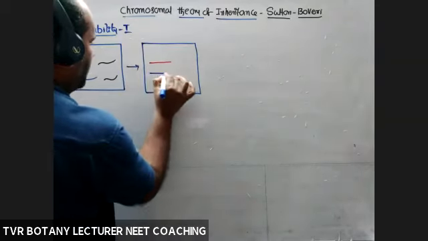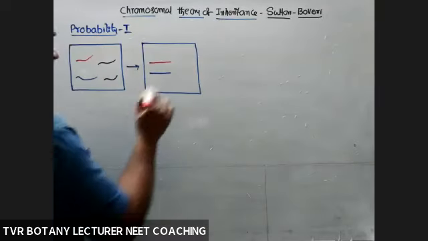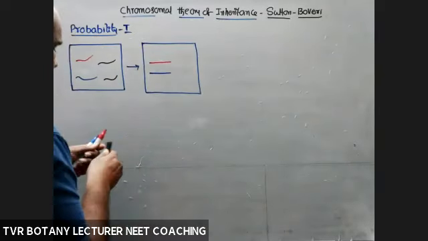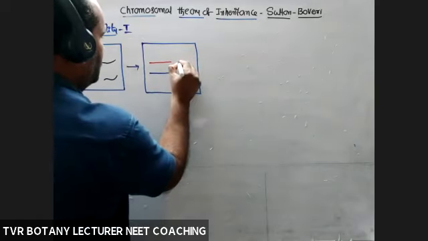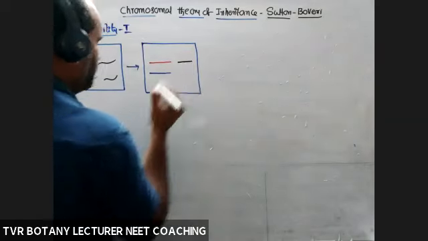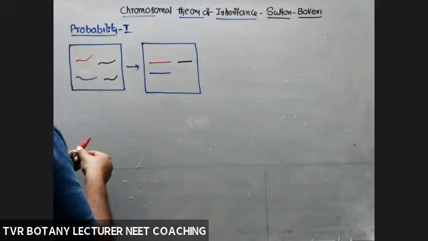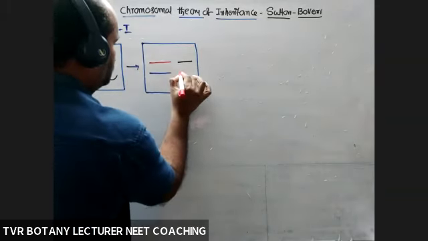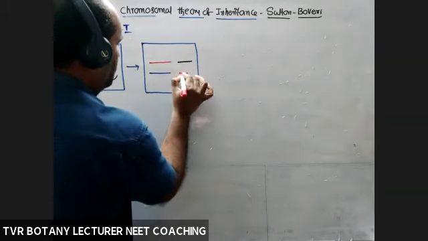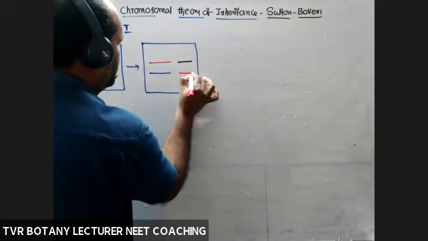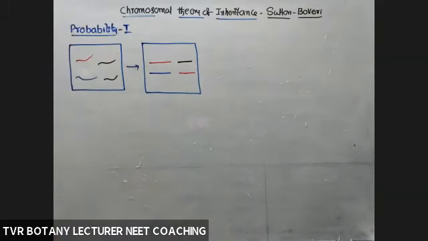This one is an orange chromosome, tall chromosomes. Next, this one is a red chromosome. And this one is a green chromosome.